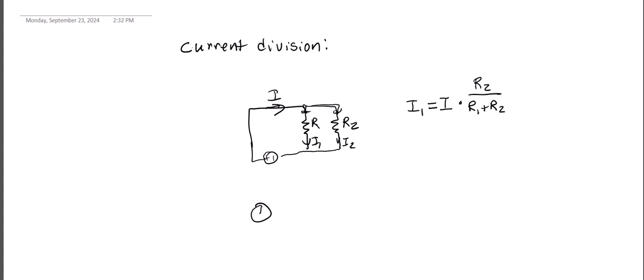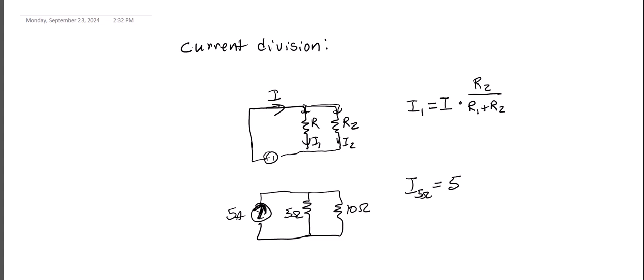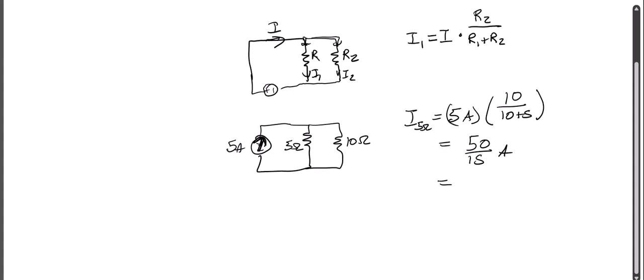So just as a quick example, in DC, if I just have a current source of 5 amps, and I have two resistors, a 10 ohm and a 5 ohm, then the current through the 5 ohm resistor will be the total current, which is 5 amps, times 10 over 10 plus 5, or 50 over 15 amps, or 10 over 3 amps, or 3.33 amps.